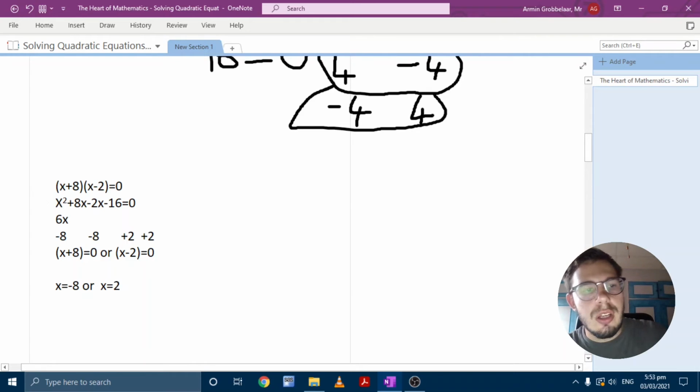So now I'm just going to test my answer to see if it's correct. So now I substitute the x into x squared plus 6x minus 16 is equal to 0.